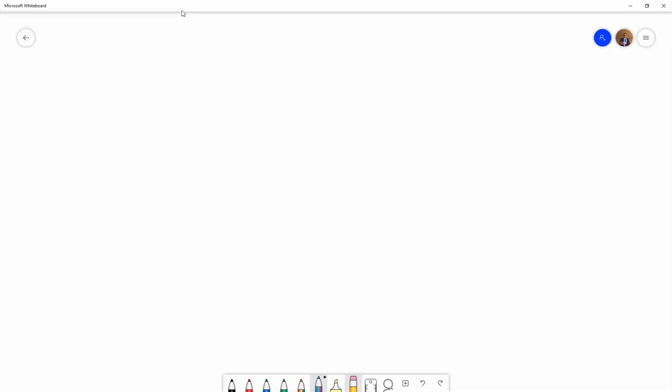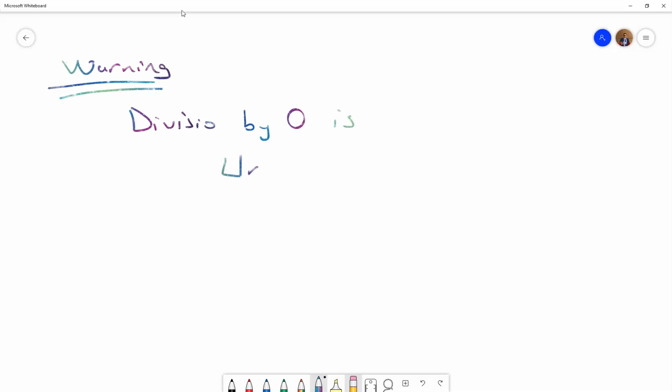So there's a warning here. What's the warning? Division by 0 is undefined. This is important. Division by 0 is undefined. Why is this like that?